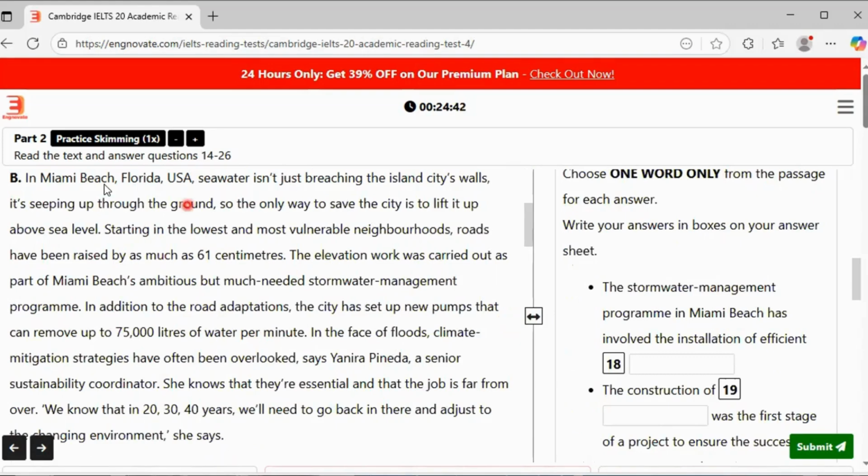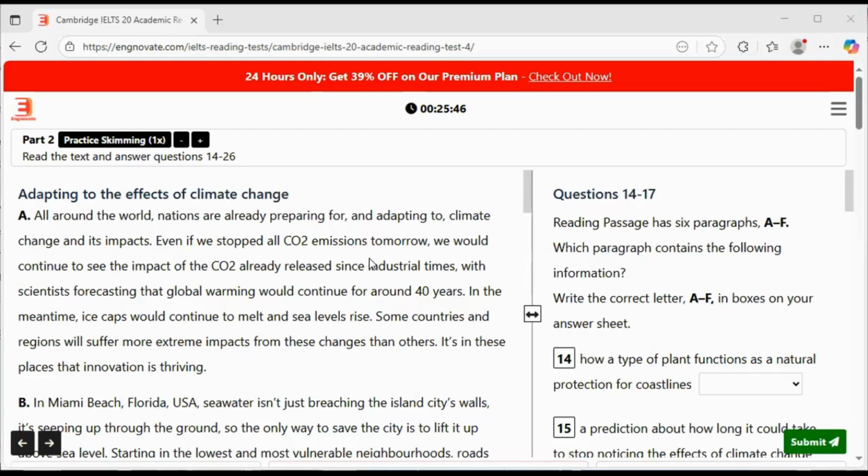Now, in Miami Beach, Florida, that's what we saw here. Let me start that paragraph again. It says, in Miami Beach, Florida, USA, seawater is just breaching the island's city walls.